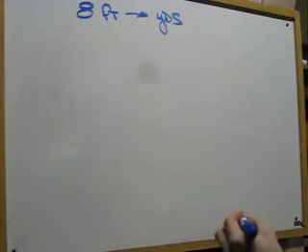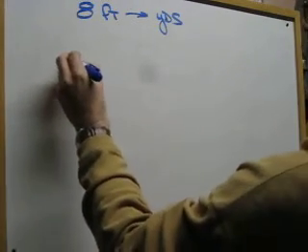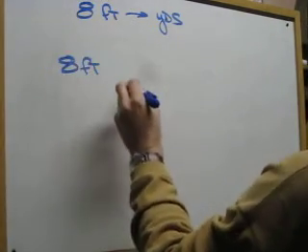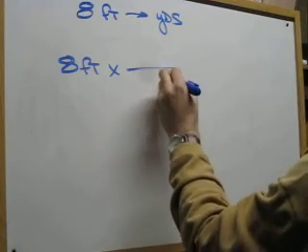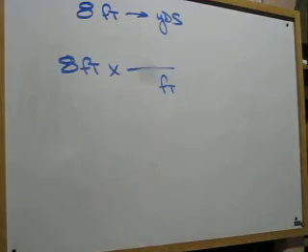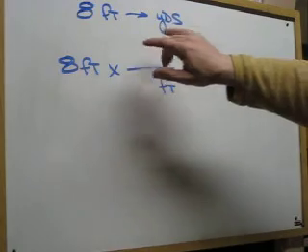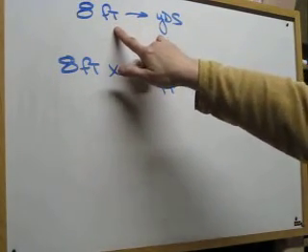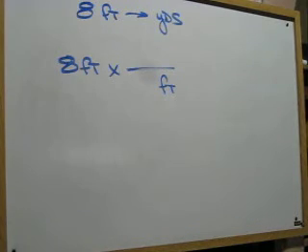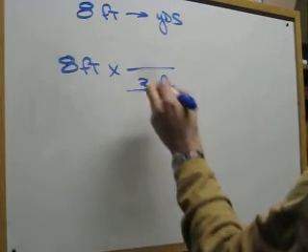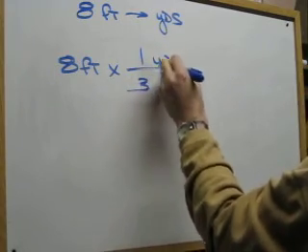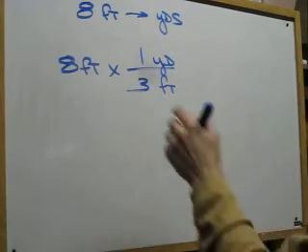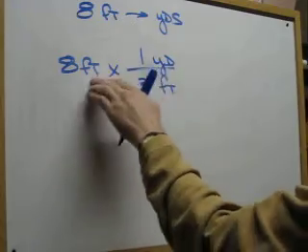Alright, so according to what I said before in the first example, we write what we're given times a line with feet on the bottom. Okay? Now we look and see, do we know anything about feet and yards? Any comparison between feet and yards? There are 3 feet in 1 yard. Alright, then we have a foot down here, a foot up here.